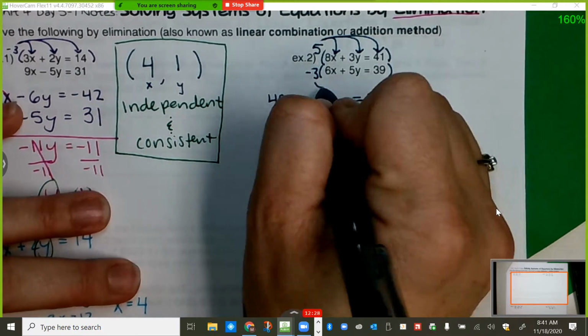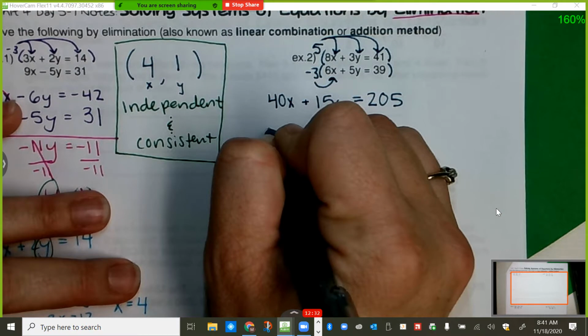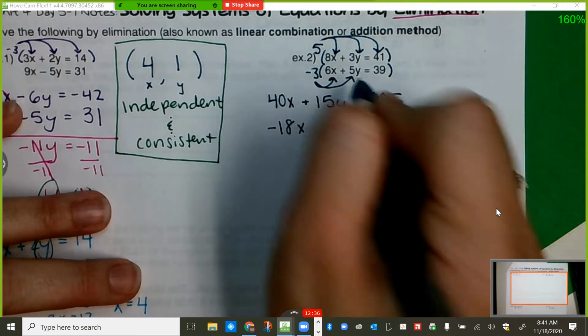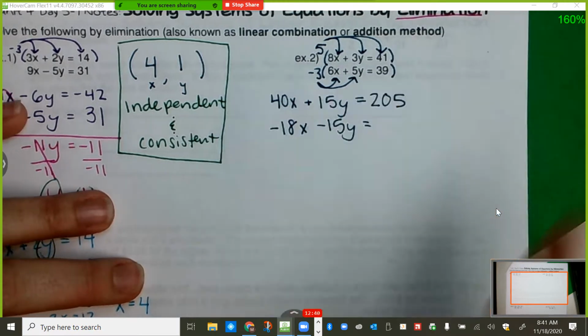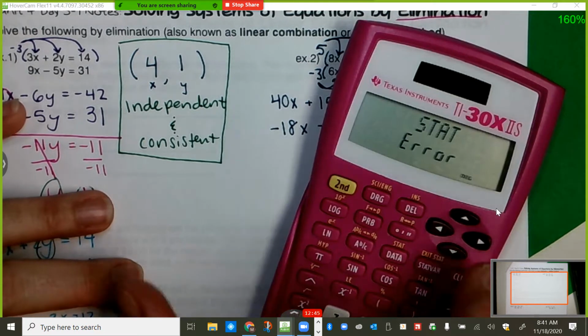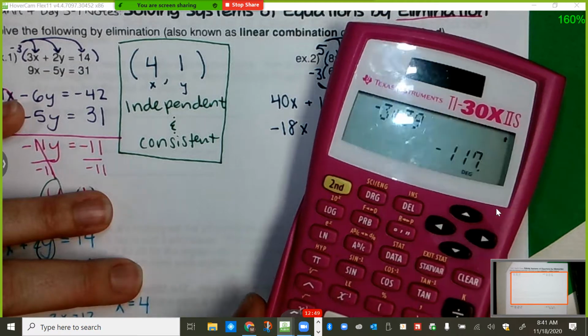What's -3 times 6x? -18x. What's -3 times 5y? And then another big number, -3 times 39, is -117.